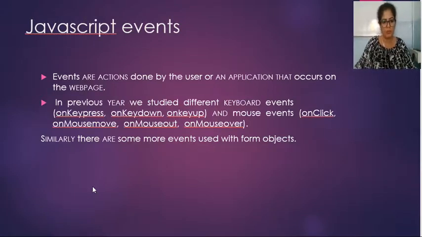When you click the mouse one time, that will occur. When you double click, for example on a folder, it will open the folder. When you single right click on it, it will display a drop down list. So these are the events.